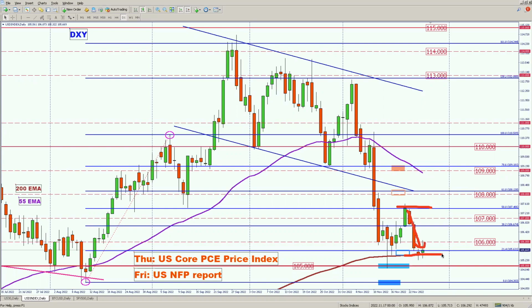That's the interim support level at the daily 200, as well as the 21.5 retracement area, and it closed just below the 106 round figure.